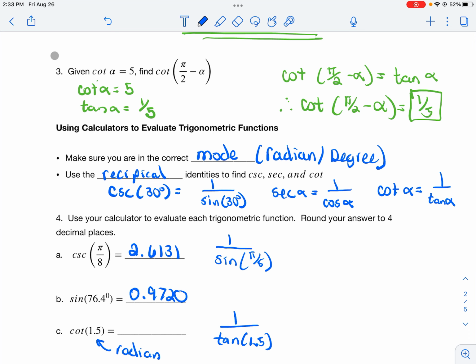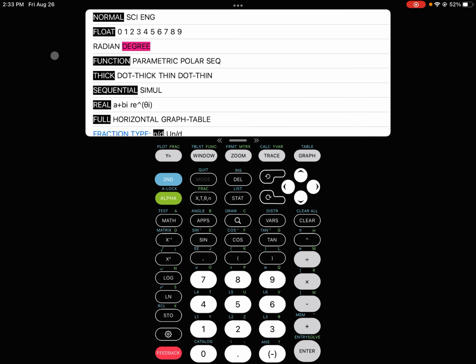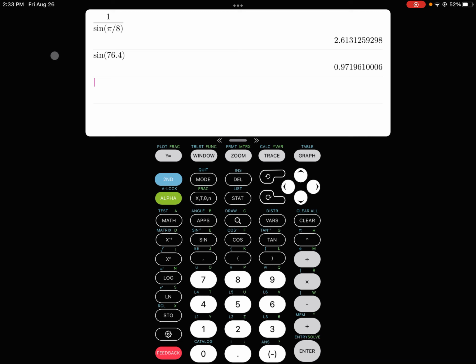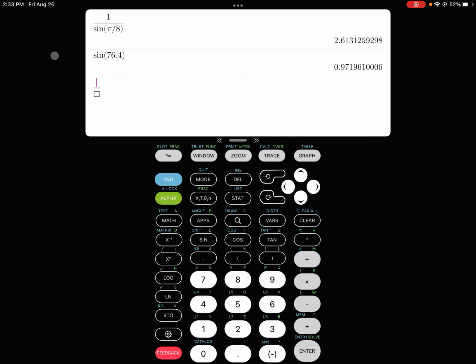So I'm back into radian mode. So that's the reason why you always have to check your mode. I'm going to go over mode, and now I need to go back, whoops, went too far, to radians and change off of degree, quit. Okay, and so this time I asked to do cotangent. So that was 1 divided by tangent of 1.5.